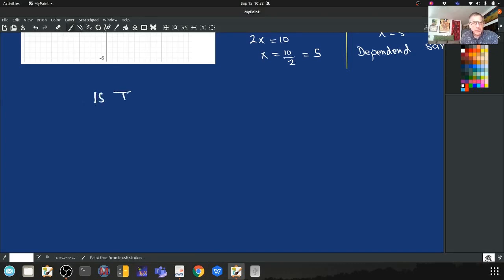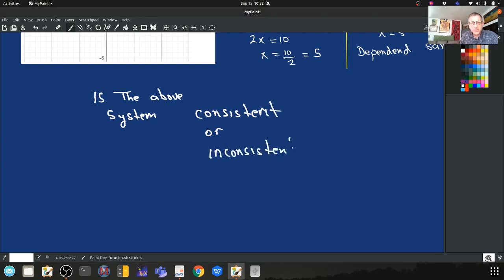Is the above system consistent or inconsistent? So go back and look at the definitions for consistent and inconsistent systems and tell me what you think.